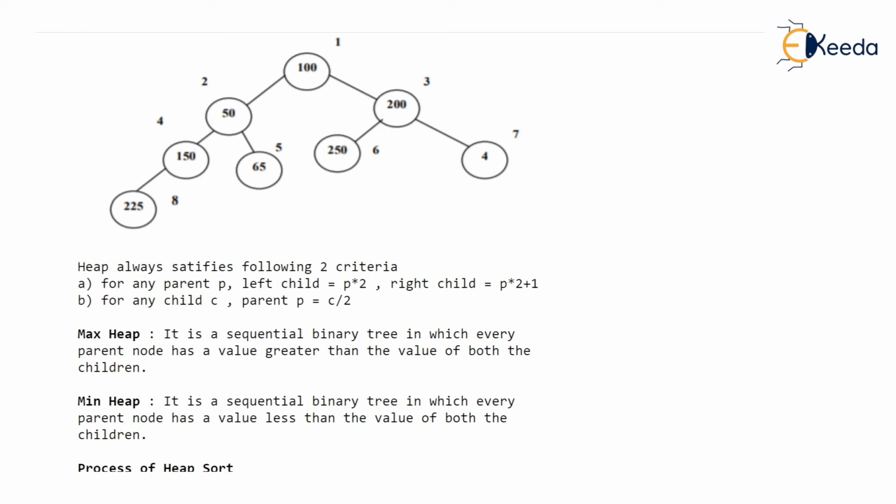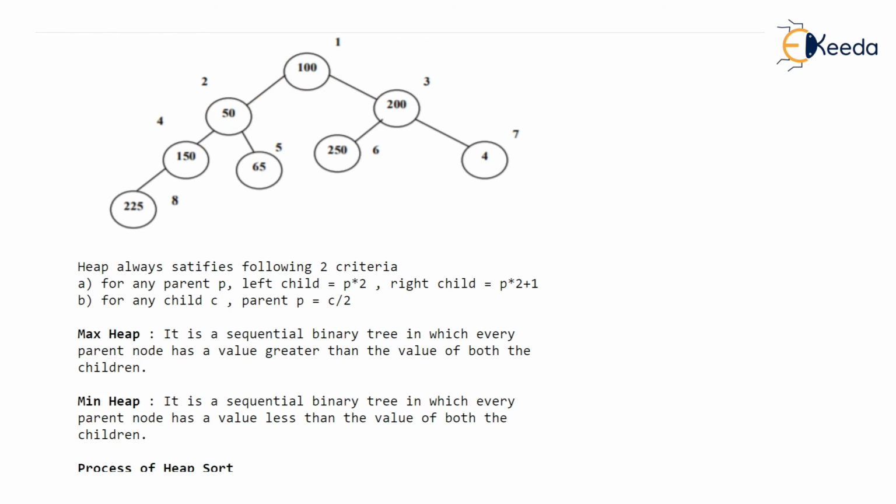Now what's this min heap? As the name suggests, every parent must be less than both the children, isn't it? So you can see this is not a min heap also, because the very first node, although it is less than its right child, is not less than the left child. This parent must be less than both the children. Even here, this parent must be less than both the children, and this should be true for every parent. So this heap is neither max heap nor min heap.